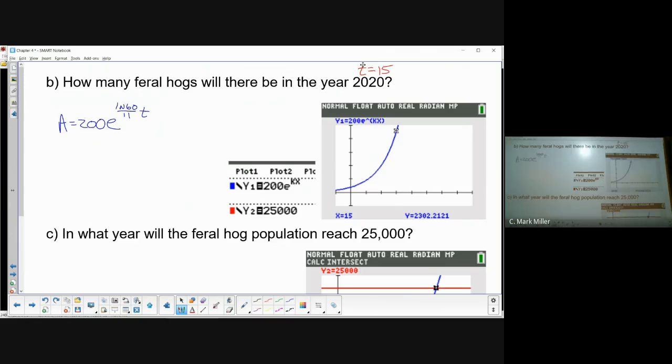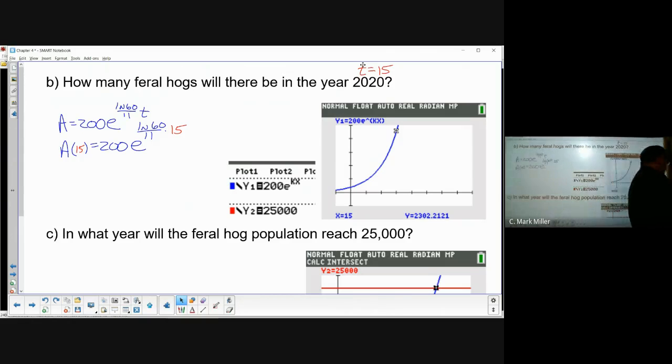So they grew just fine in 2020. And so our answer is going to be A of 15 is going to be 200 E, natural log 60 divided by 11 times 15. Now you can crunch that out on your calculator if you want, right?